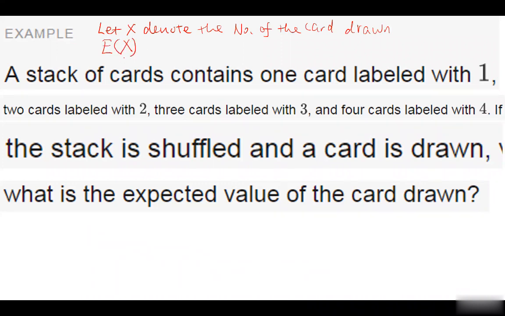Here we want to find EX. But first of all, in order to find EX, usually we'll need to find its probability distribution, right? So I'll give you a hint. The hint is you need to find the probability distribution of X first.